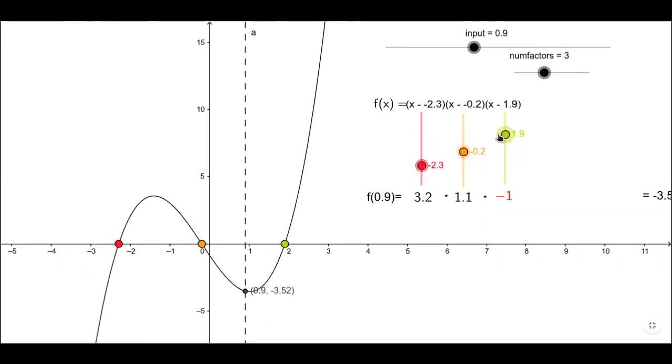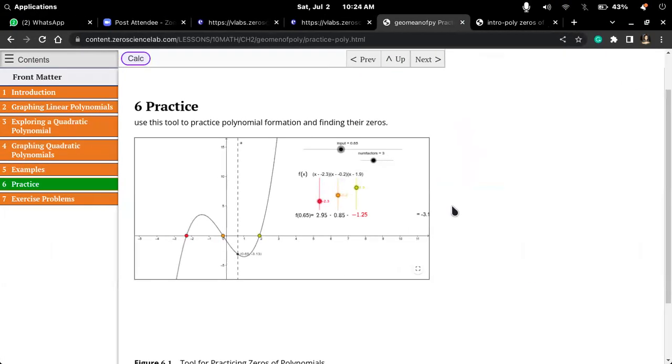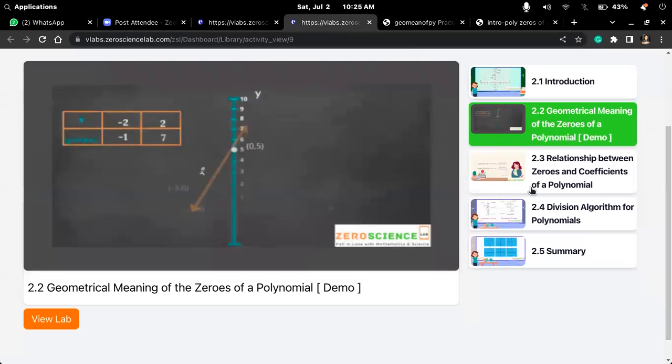So 3 zeros of the polynomial. So the values I can identify from this. So linear, quadratic or cubic, etc., up to 6 degrees. You can make them observe zeros of each and every polynomial. So this we are using as the practice of this one.